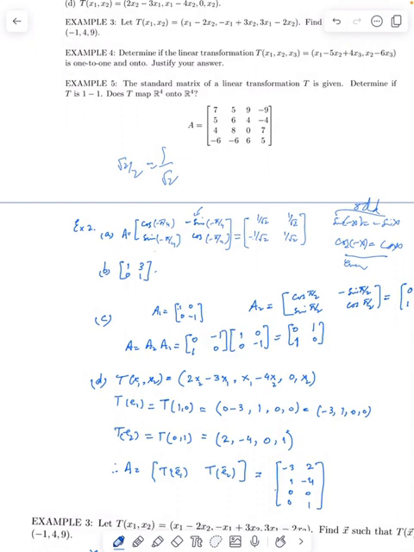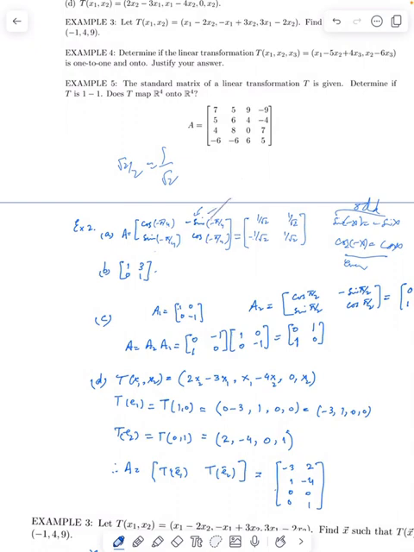So cosine of negative pi over 4 is the same as cosine of pi over 4. But sine of negative pi over 4 gives negative sine of pi over 4. Now, cosine of pi over 4 and sine of pi over 4 have the same value, 1 over square root 2.